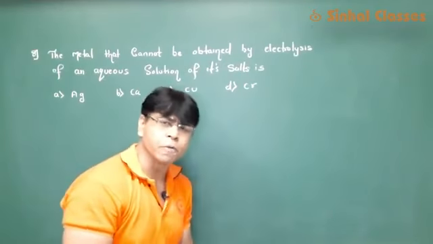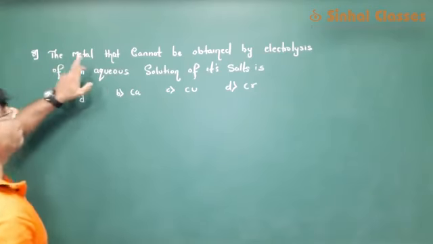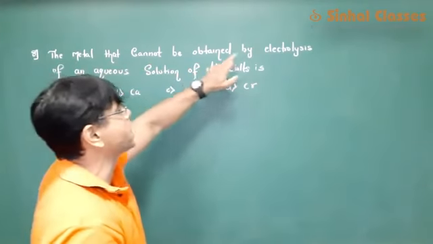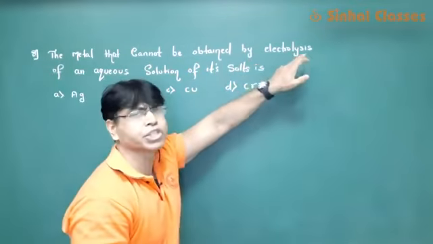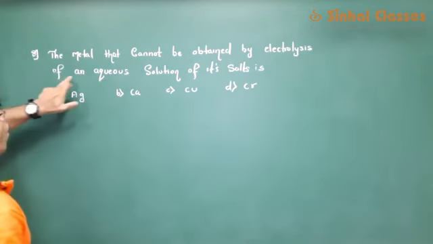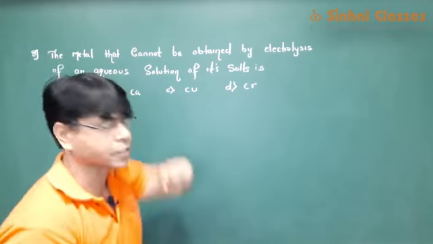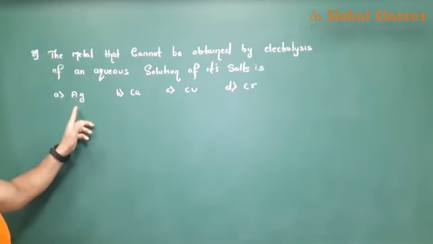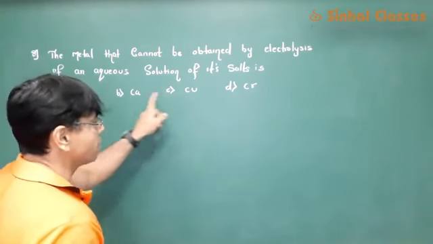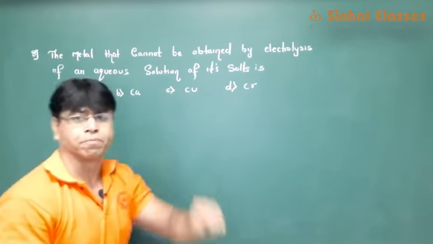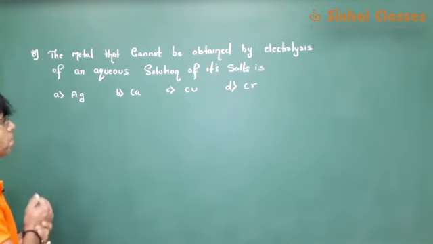Let's see this question. The metal that cannot be obtained by electrolysis of an aqueous solution of its salt is it silver, calcium, copper, or chromium? What's your answer?